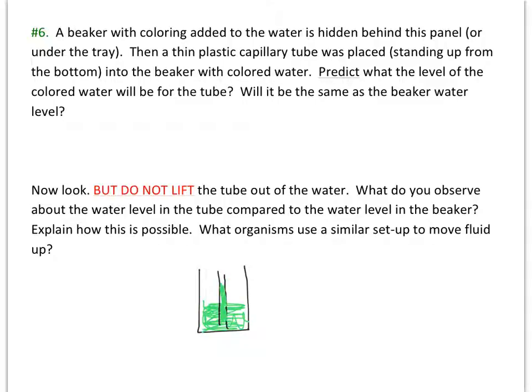And of course, the organisms that use this capillary action or cohesion and adhesion are things like trees. They pull the water up to the top of the tree using these thin little tubes.